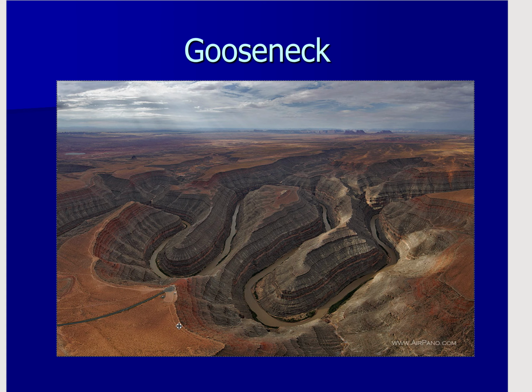To get a context of how big this river is, if you can see my cursor down here as I'm moving it, that's an automobile. So this is a very, very large system that was created as a result.